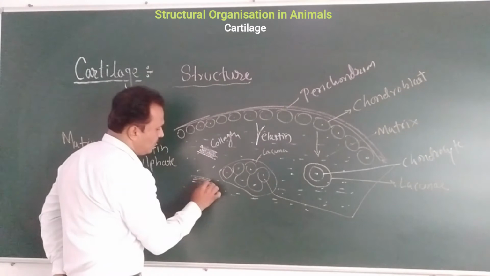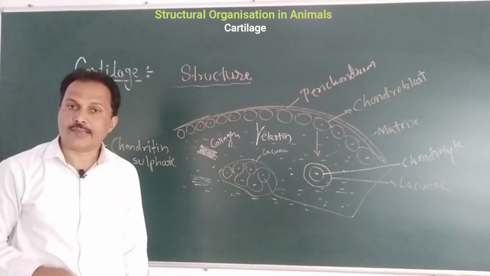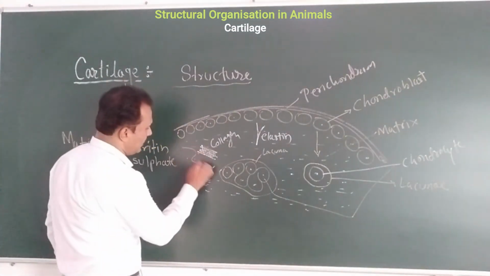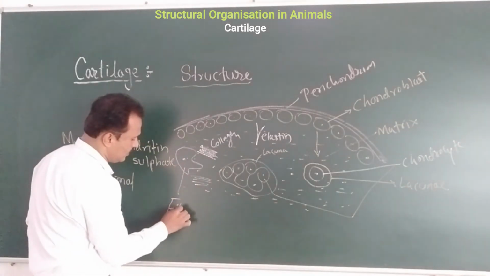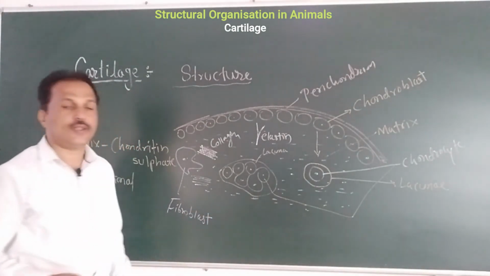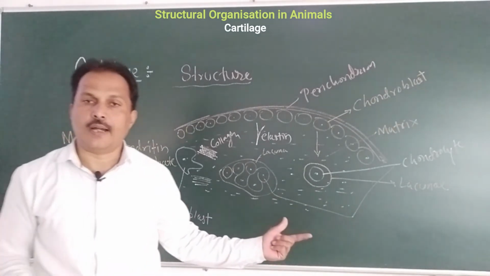You will also find collagen fiber or elastin fiber secreting cells, irregular secreting cells. These are the fibroblasts. Some macrophages may also be present in this cartilage.